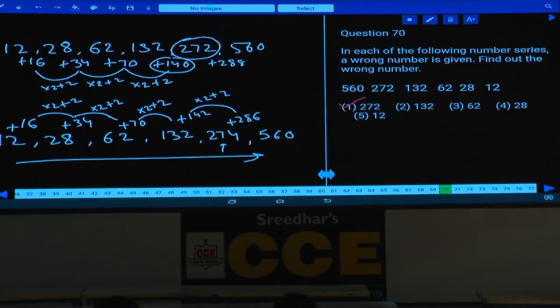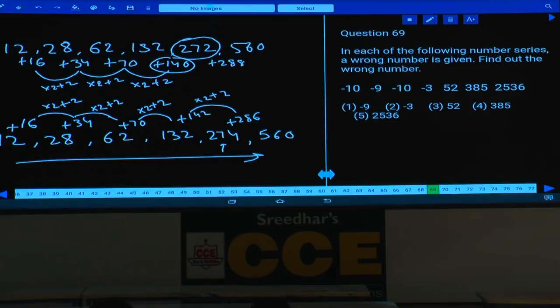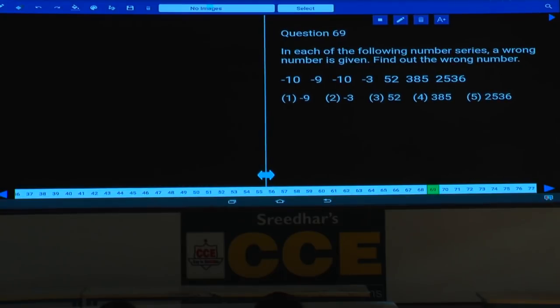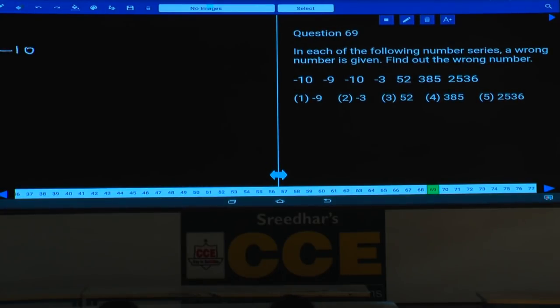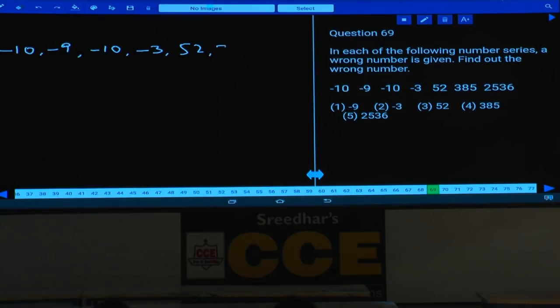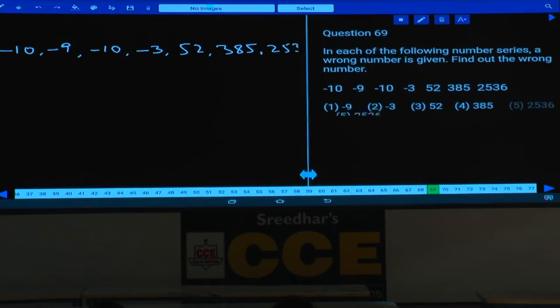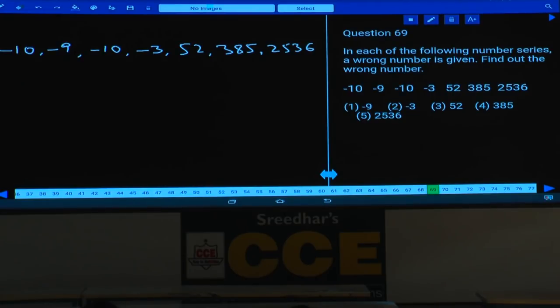Now in this question number 69, tell me what are the numbers given here? 10, minus 10, minus 9, again minus 10, minus 10, minus 3, minus 3, 52, 385, and 2536. 2536 are the numbers given. Now this is about question number 69.